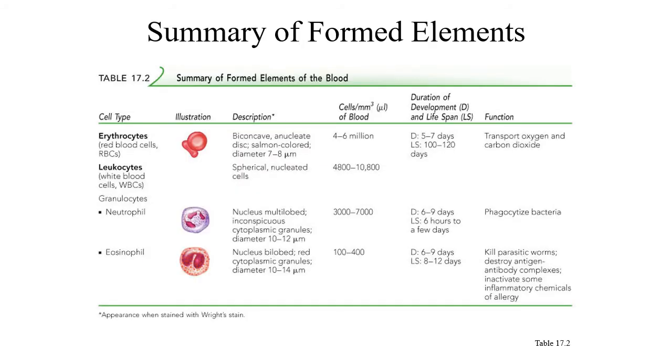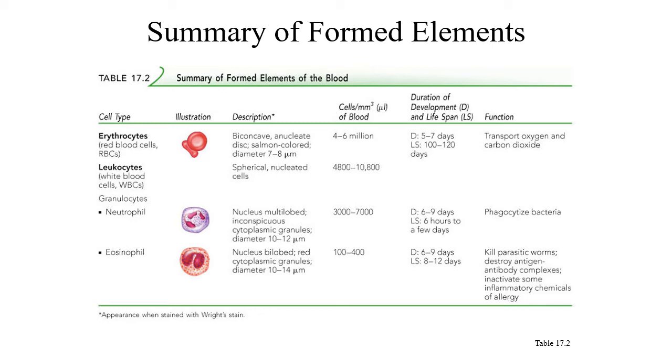Next couple slides here, we just have kind of a comparison of the cells themselves, of all of our formed elements within the body itself. So we already talked about the red blood cells. We then have our white blood cells, our granulocytes, and then our agranulocytes.